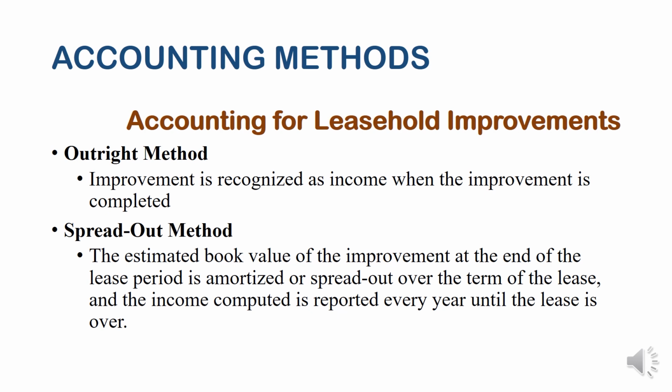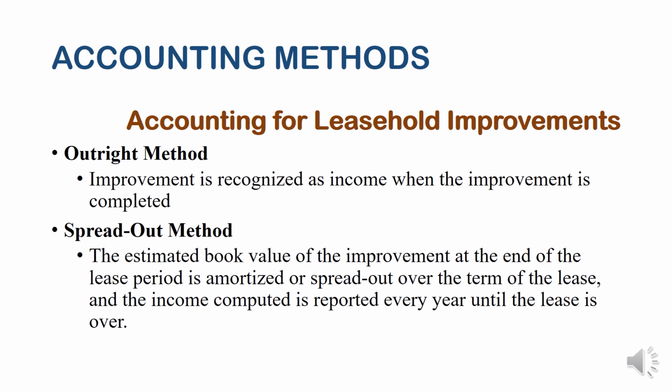So unlike the spread out method, under the outright method, the lessor will recognize the entire cost or fair value of the leasehold improvement as his income. However, in contrast, in the spread out method, the lessor will spread the book value of the improvement over the life of the lease contract.